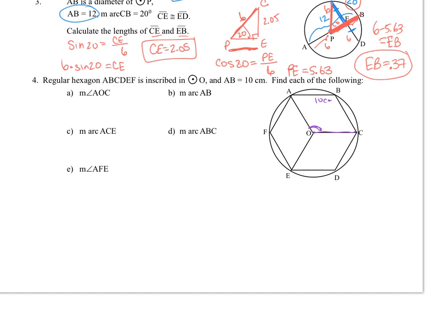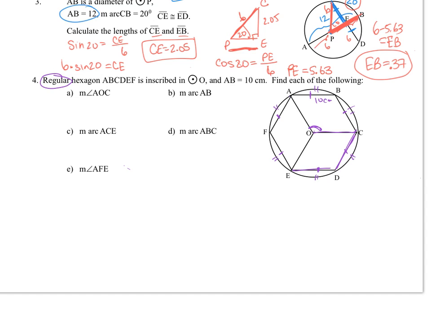Well, if this is a regular hexagon, that means all these pieces are congruent, so they're all 10. Since these chords are all congruent, all of these arcs will be congruent to each other as well.